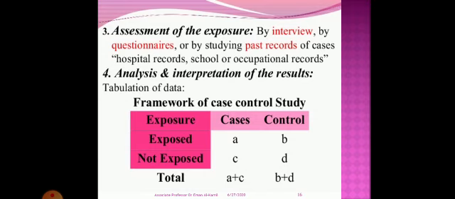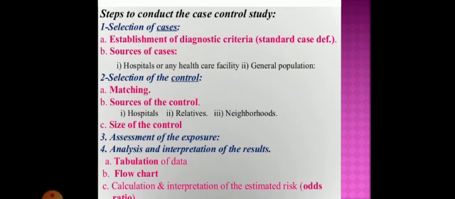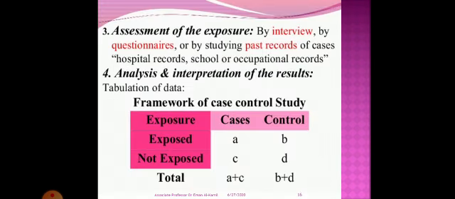So A is the cases who are exposed, who have the exposure, while B is the control, but who also have exposure.